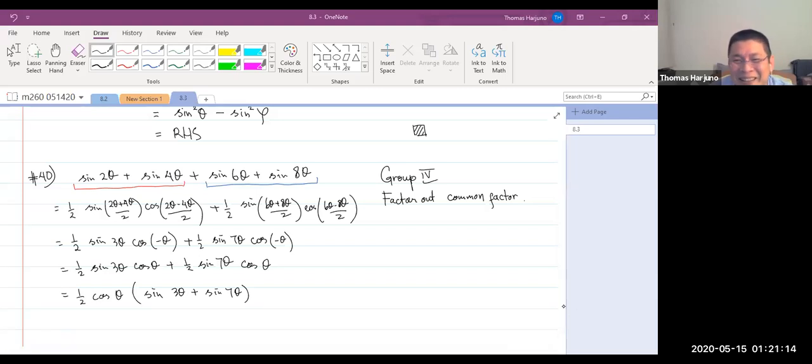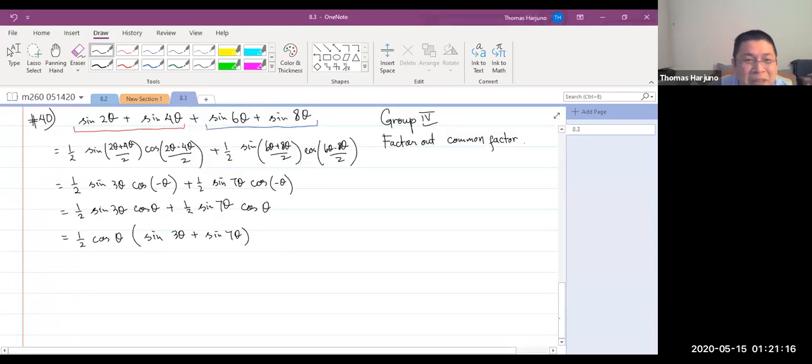Okay, let's come back here. Now the thing is, I still can apply the same thing here, right? Do you notice that? So this is 1/2 cosine theta times 1/2 of sine half of sum, cosine half of difference.